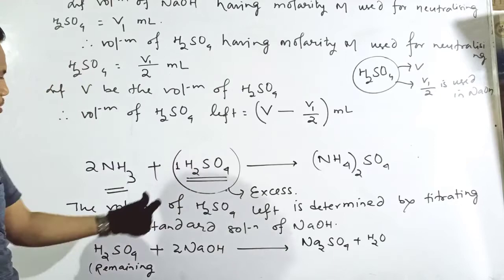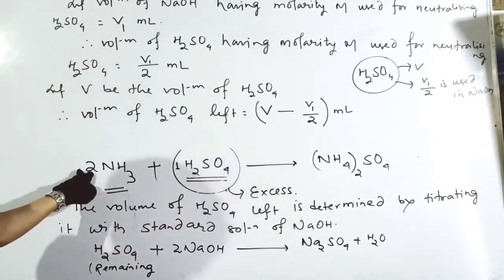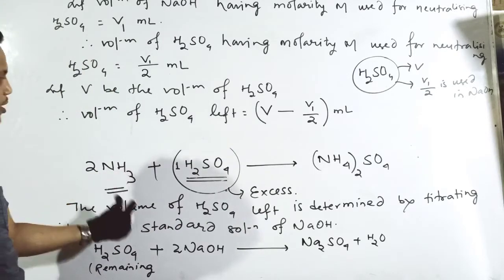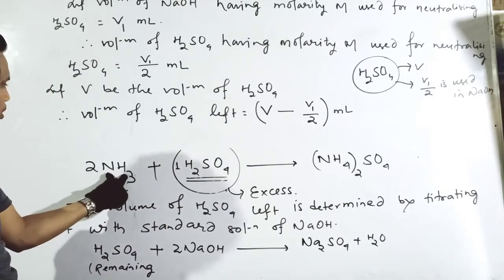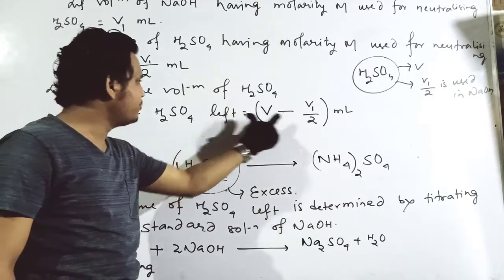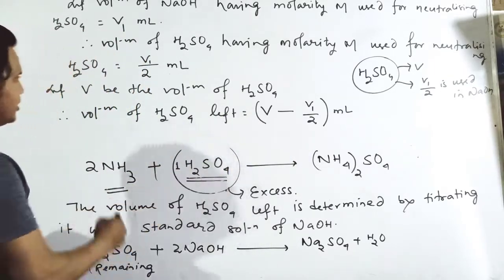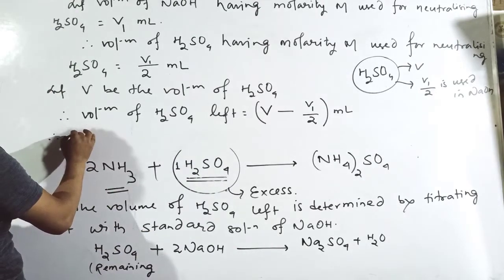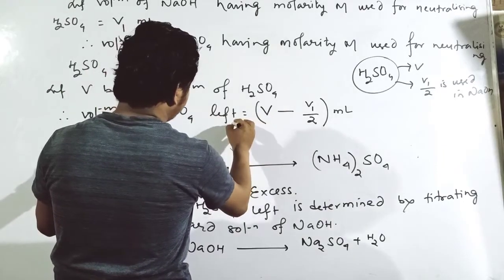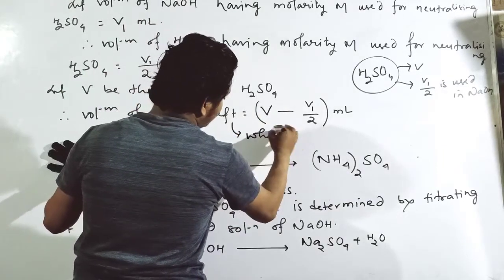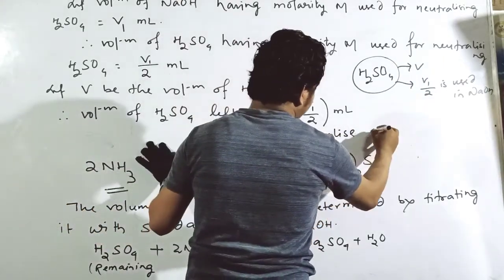Now see, 1 volume of sulfuric acid requires 2 volumes of ammonia. So this left volume will neutralize the ammonia that we discussed earlier. Therefore, the V minus V1 by 2 left neutralizes ammonia.